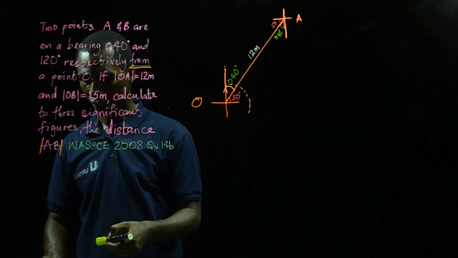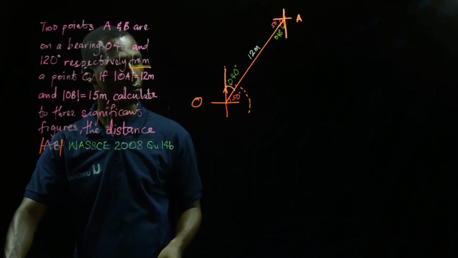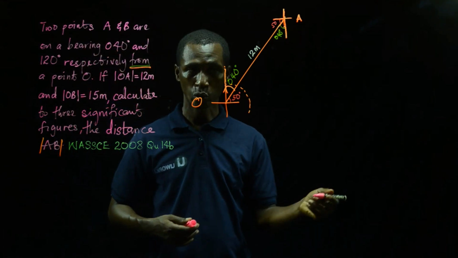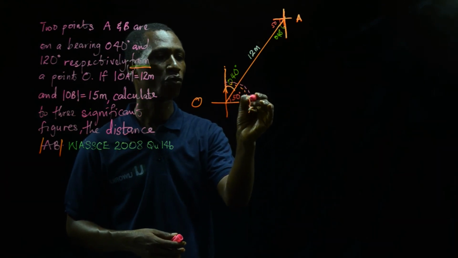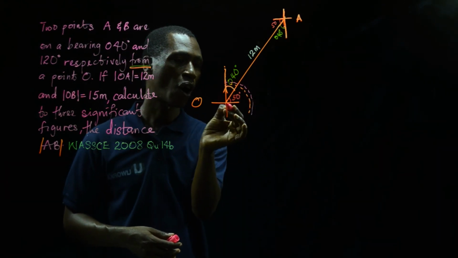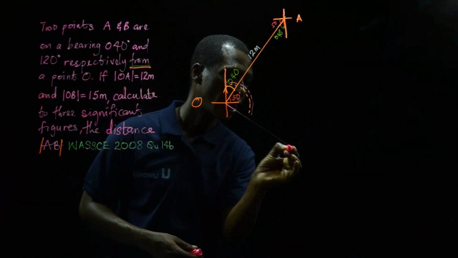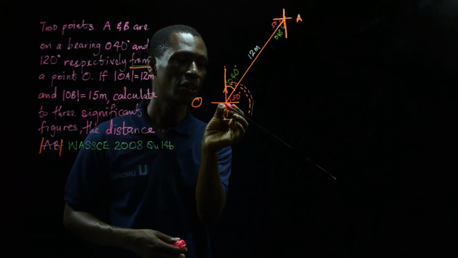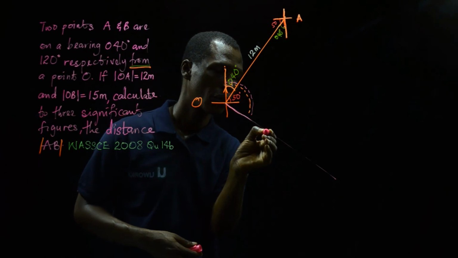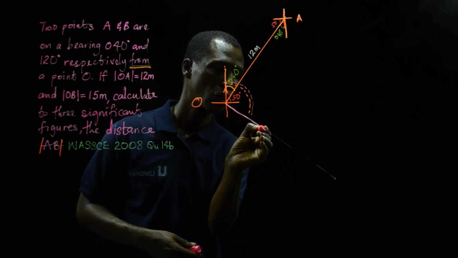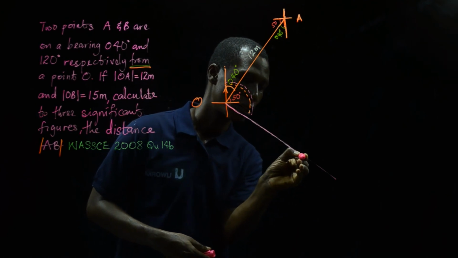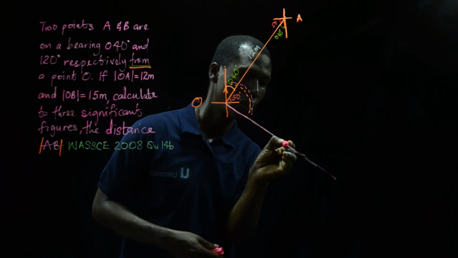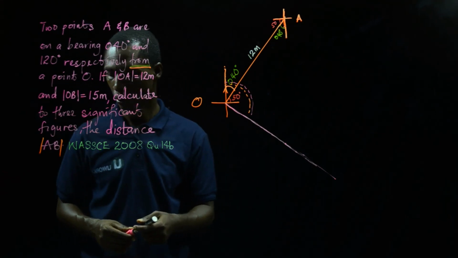Then we are going to look at another bearing, which is 120. So I stand here, I'm just moving. This is the 120. So I move. The distance is 15 meters. My ink is giving me a headache. Okay.